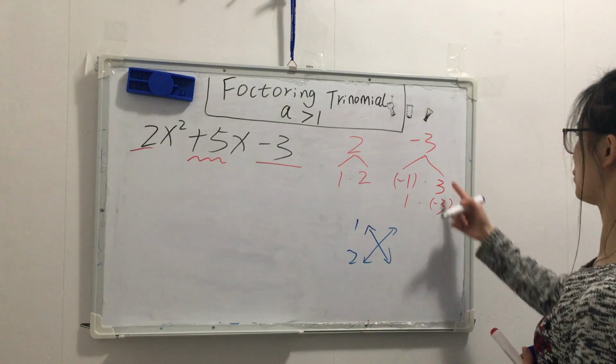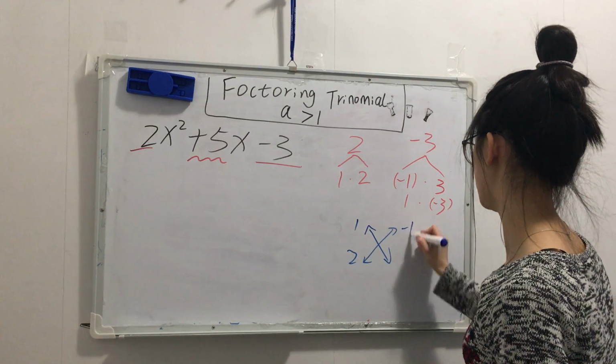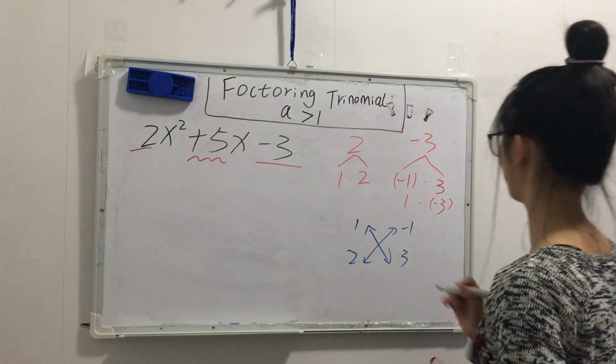Okay, and then we try this. This is negative 1 and 3. We try this order first. Negative 1 and 3.